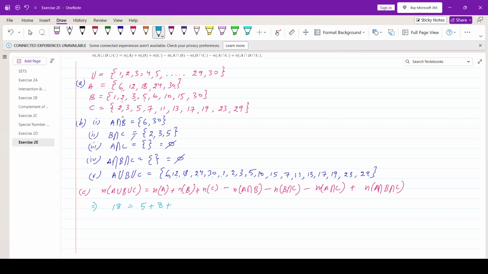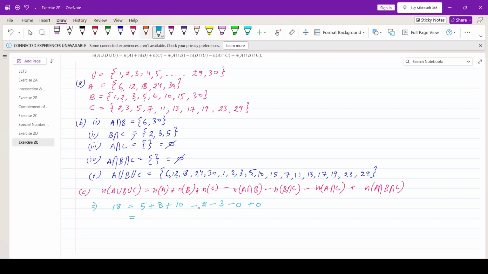Number of elements in C is 1, 2, 3, 4, 5, 6, 7, 8, 9, 10. Number of elements in A intersection B, that is 2. Number of elements in B intersection C, that is 3. Number of elements in A intersection C, that is 0. Plus number of elements in A intersection B intersection C, that is 0.